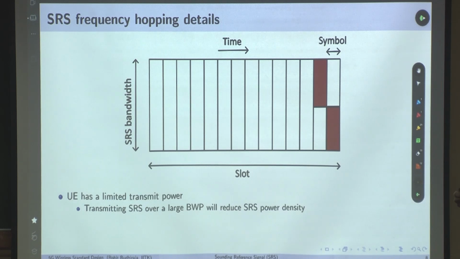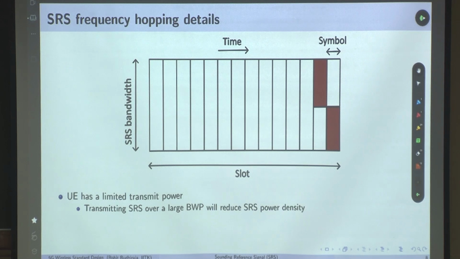And if a UE has 100 megahertz of bandwidth part, and the UE has to send the SRS in the complete 100 megahertz bandwidth, the energy per SRS will be very low, because you are dividing that 250 milliwatt of power over like 272 PRBs. So per PRB power will be very low in each OFDM symbol.